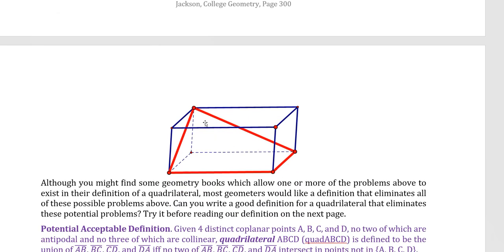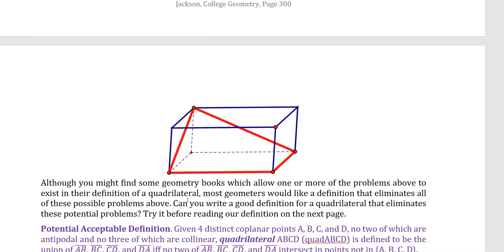Now think of this as a 3D figure. You've got a point here going along this edge of a box to another vertex, but then the fourth vertex is the opposite corner way up here. Notice that there is no plane that contains all four. Of course, there are planes that contain any three of them, but not all four of those vertices.